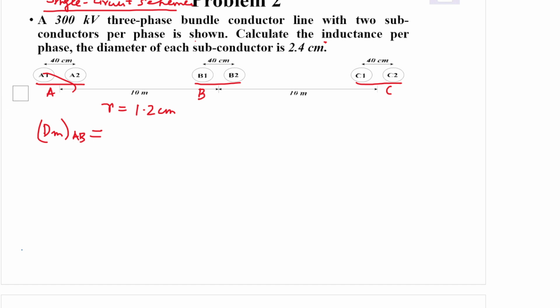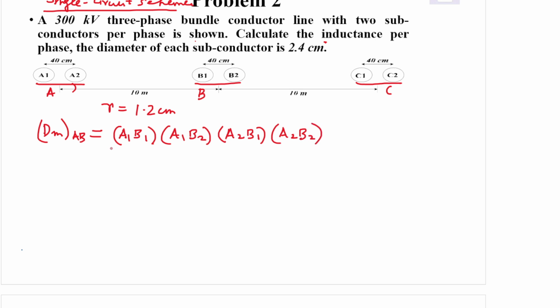First distance could be A1 to B1, second A1 to B2, third A2 to B1, and fourth A2 to B2.